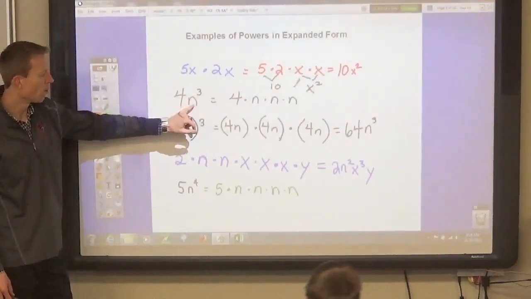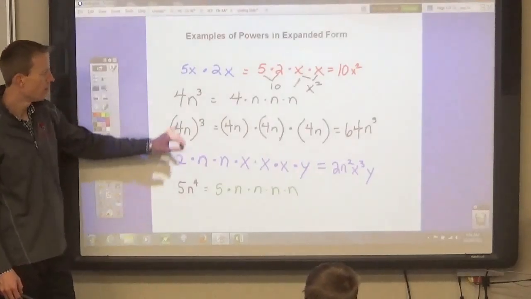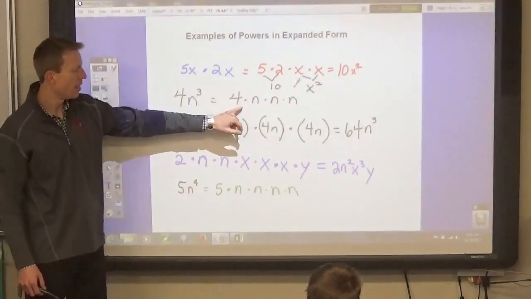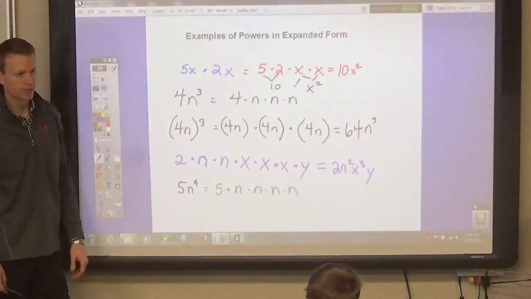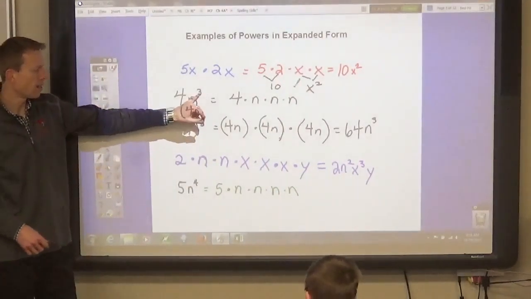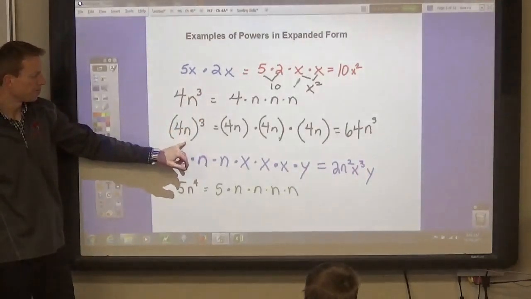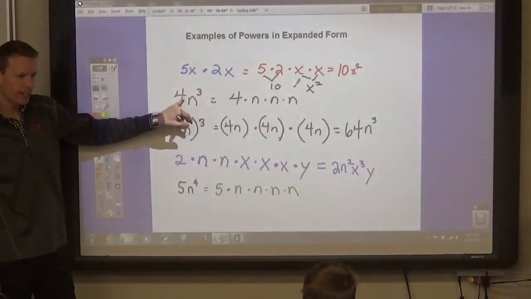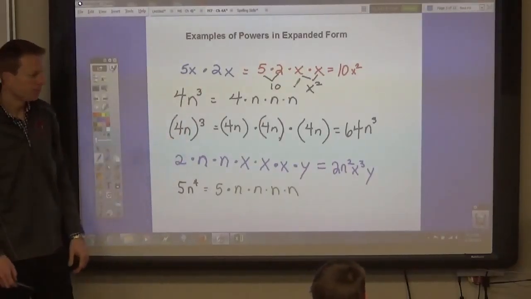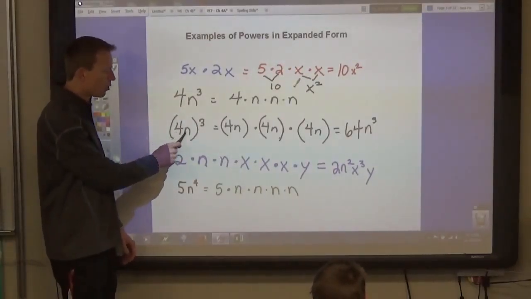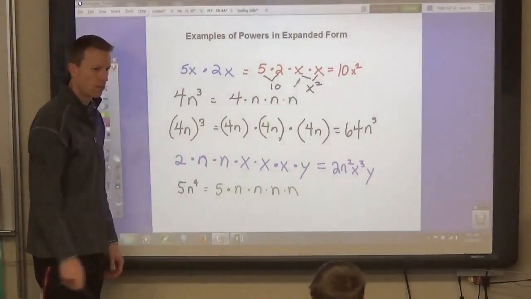Look at this one. 4 times n to the third power. 4 times n times n times n. That's what that means. When you put it all together, it's 4 times n to the third power. Or this one. What's the difference between these two? Parentheses. So this is 4n together to the third power.